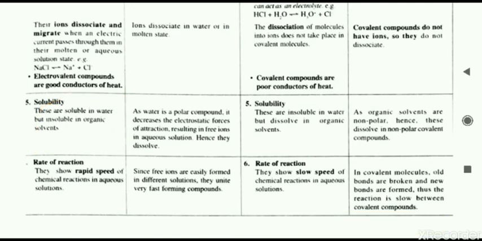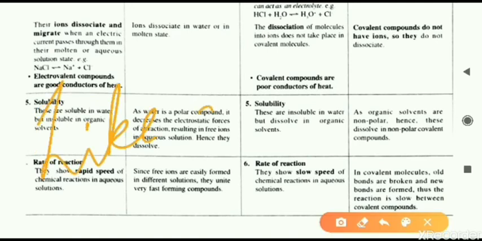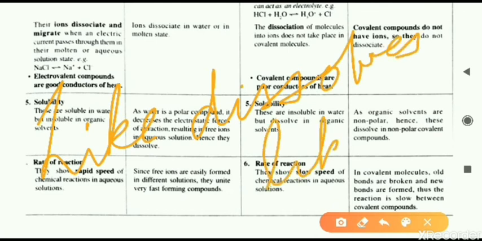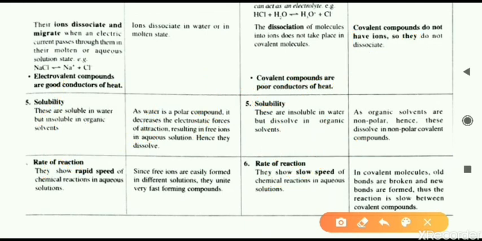Before beginning, you have to remember a principle for solubility, that is like dissolves like. It means the same kind of substances will dissolve similar kinds of substances. In simple terms, polar compounds will dissolve in polar solvents, and non-polar compounds will dissolve in non-polar solvents. So let us understand this concept now.